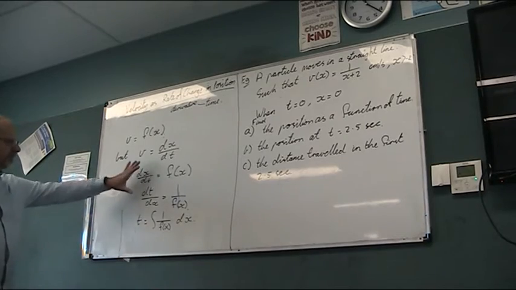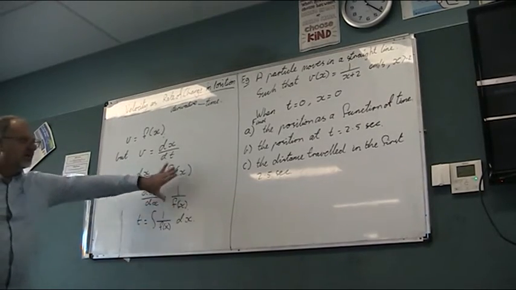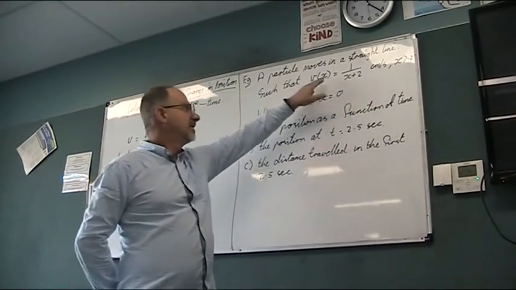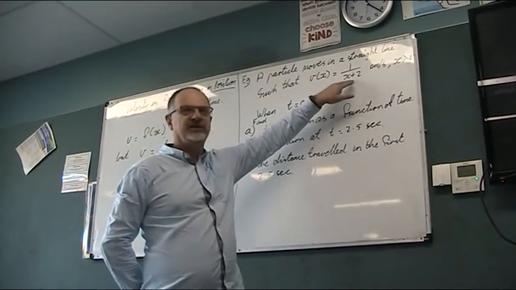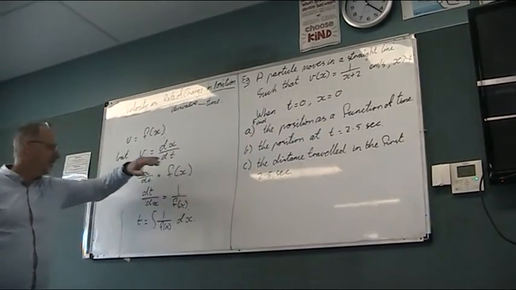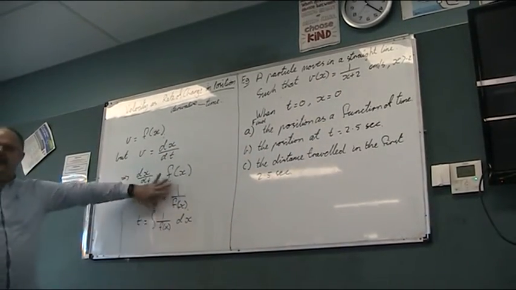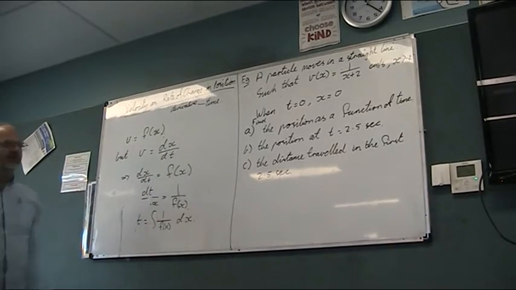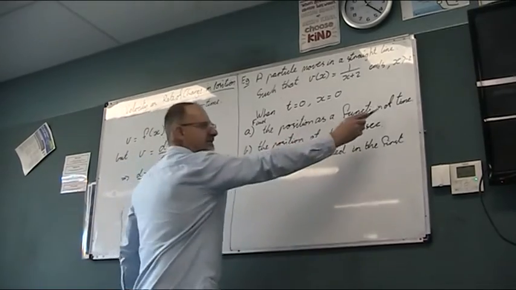So what we've got to do is, here it's asked the position as a function of time, but we've got velocity as a function of its position. So we need to be using this relationship down here to help us find the position as a function of time.